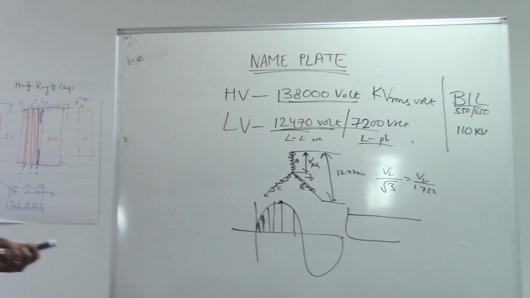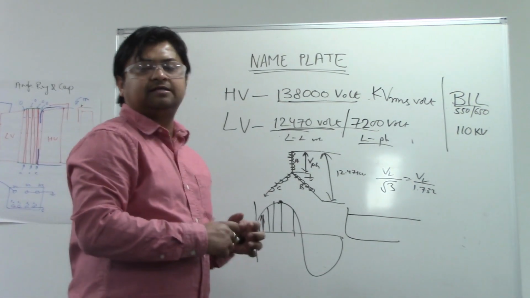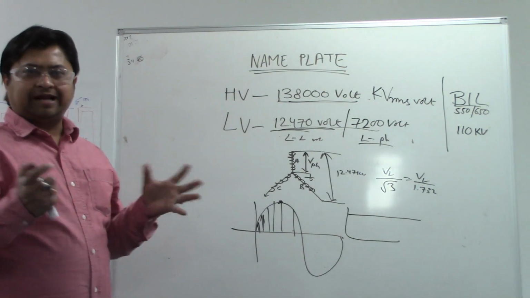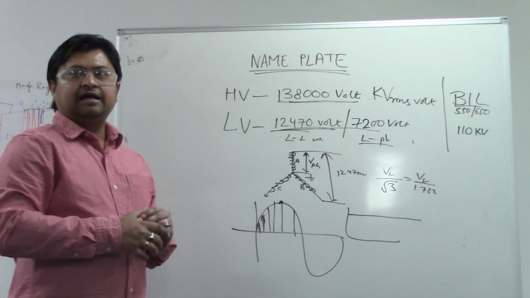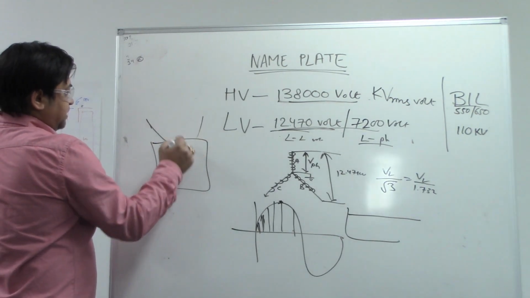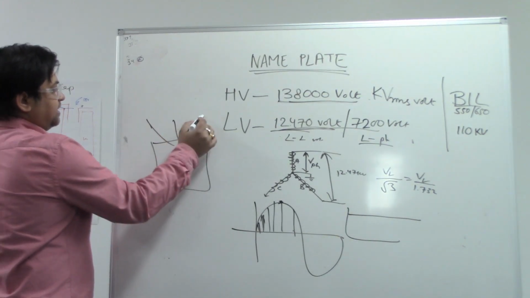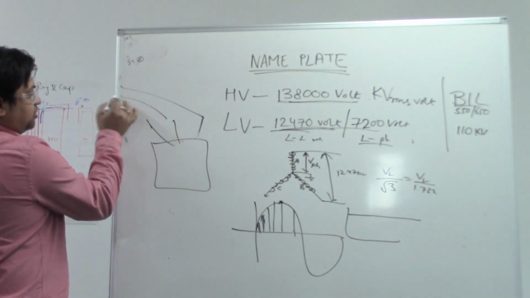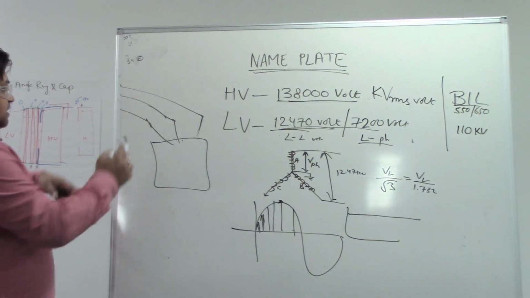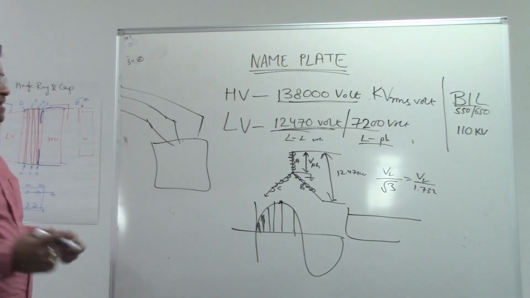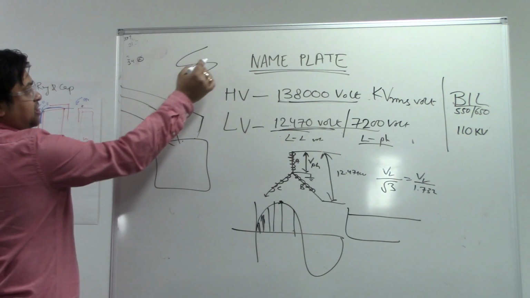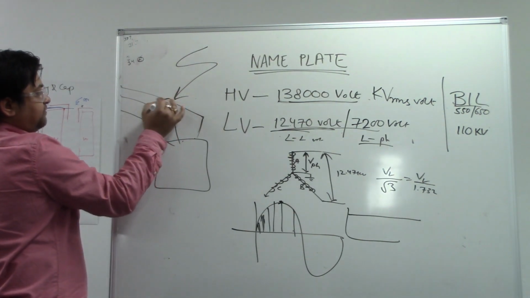Basic insulation level is nothing but an impulse level. What is impulse? When we have thunder or lightning in the sky, and your transformer is there with the bushings outside and a line going to, let's say, somebody's house, and the lightning strikes, the voltage travels both ways.